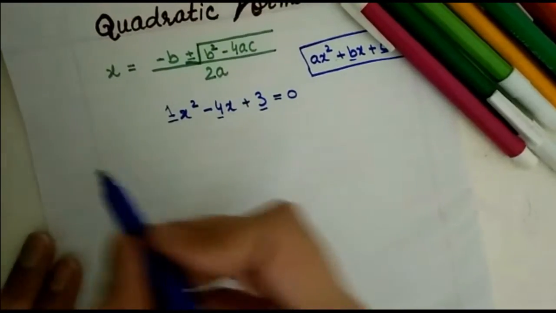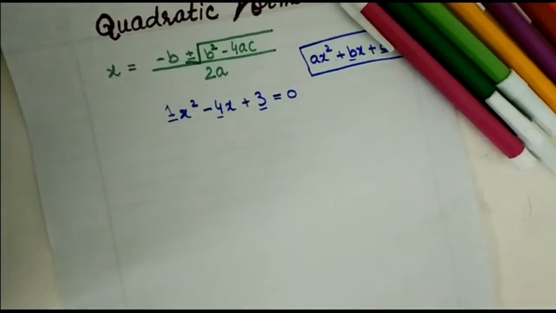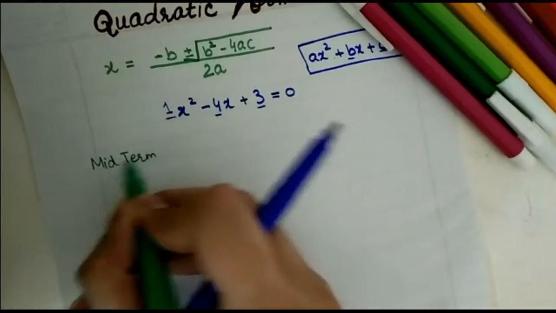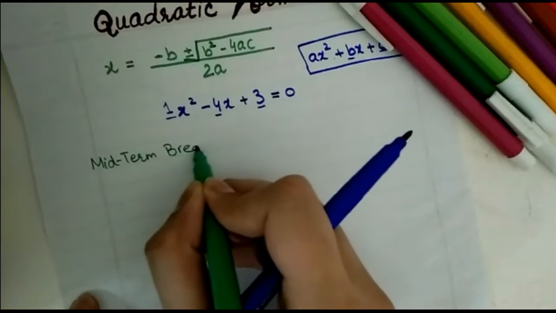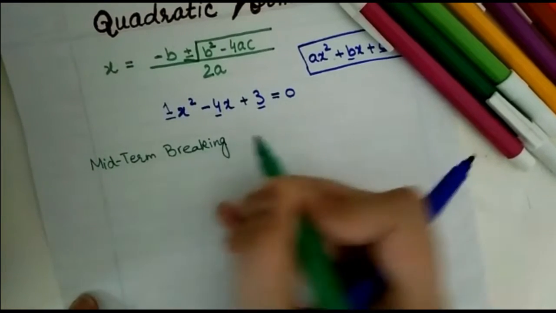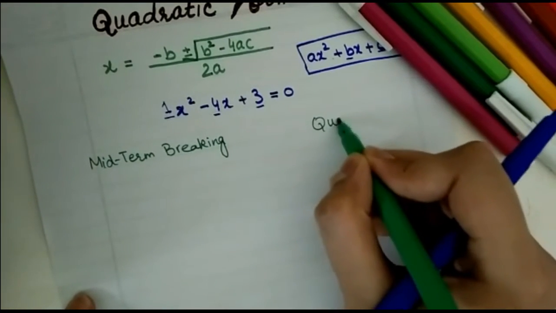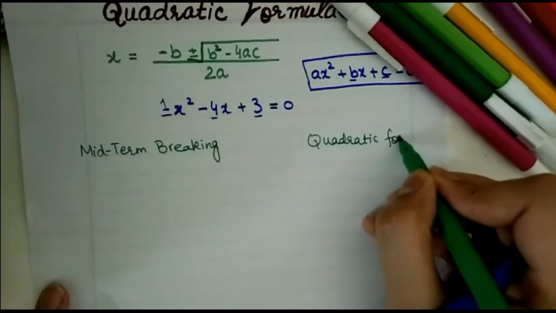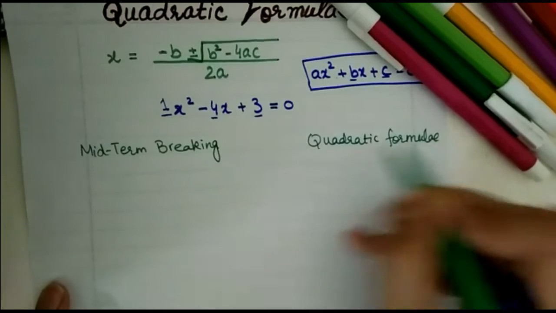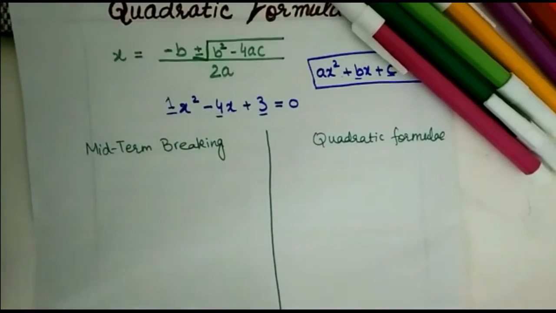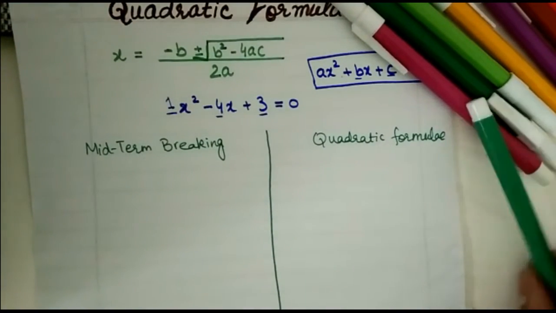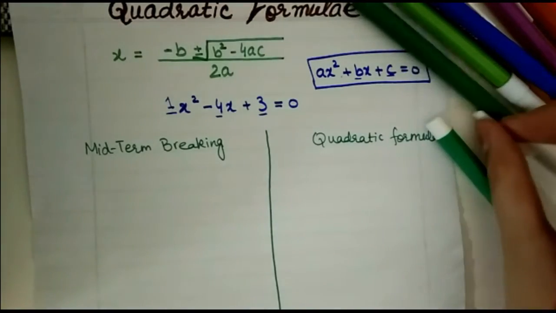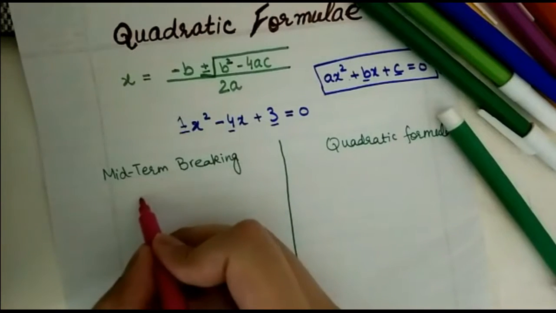So I'll be starting with the first method, that is middle term breaking, and the other using the quadratic formula. Making a line in between. So over here, writing this equation again.